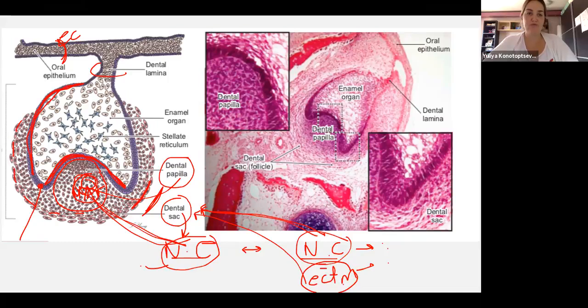Between outer and inner enamel epithelium, between the two of them, there is lots of loose connective tissue. And this loose connective tissue is known as the stellate reticulum. It's called stellate reticulum because the fibroblasts here, instead of having a normal spindle shape, right?